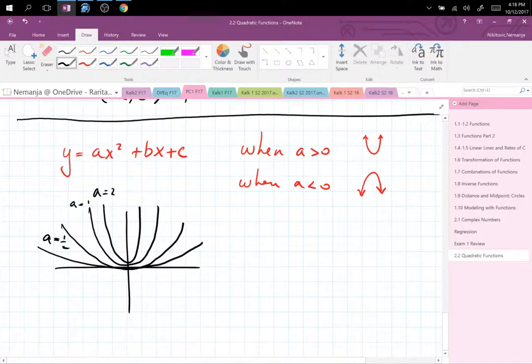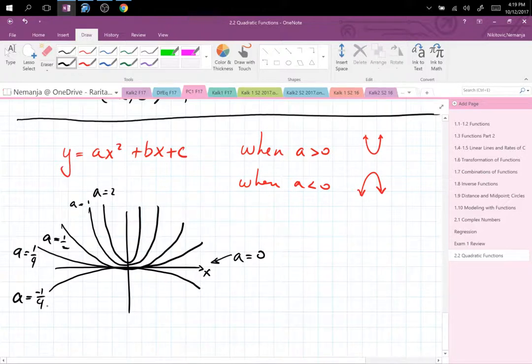Then there's this one, a is equal to 1/4. You see that these numbers go 2, 1/2, quarter, right? You can come up with anything else. The trick is that you are moving towards this x-axis on which you get a equals 0 to be a straight line. And then as soon as you pass, you get this one, a equals negative 1/4.